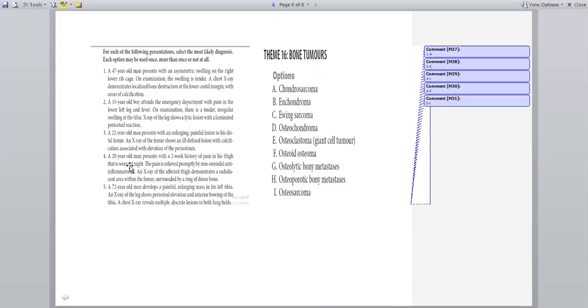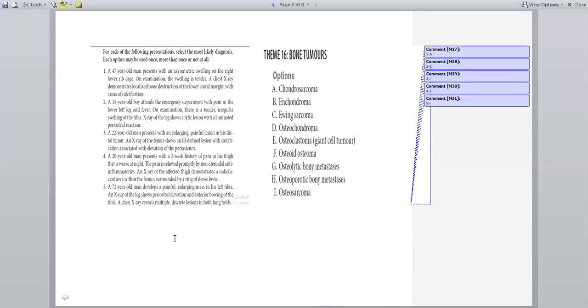In this scenario, there is nothing to think about, directly go for osteoid osteoma. So our answer is F. For question 4, F. So I tried to make these bone tumors easier for you.